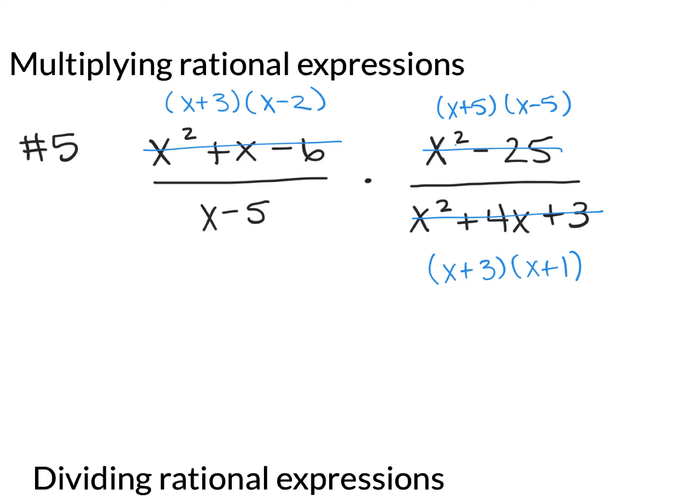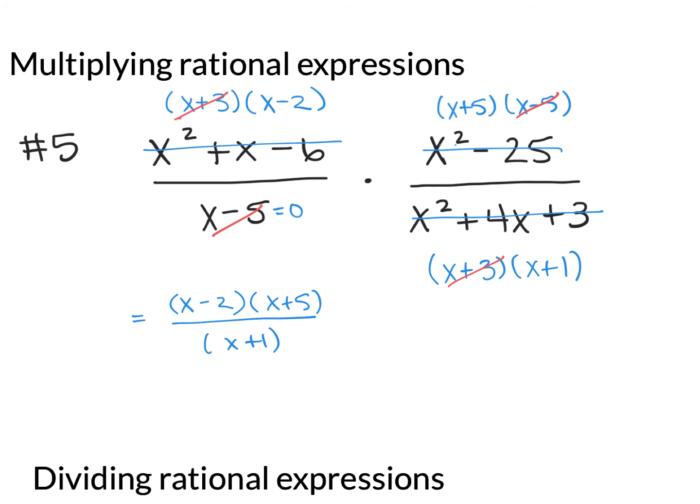All right, now that has replaced all of those quadratics, and we can try to cancel. You can see we can cancel the x plus 3, we can cancel the x minus 5, and that looks to be it. So we are left with x minus 2 times x plus 5 over x plus 1. Now, we still have to look at our restrictions.